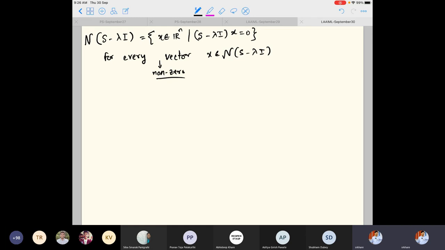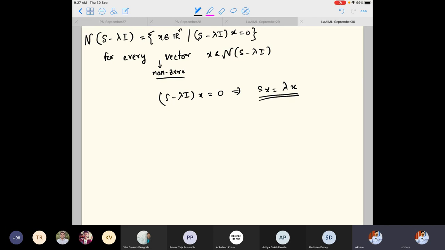So for every non-zero vector x belonging to this, what is the property? (S minus lambda I)x is equal to 0. That means that Sx is equal to lambda x. So this is the very relation which defines this subspace, right? Every vector in this subspace is going to satisfy this.